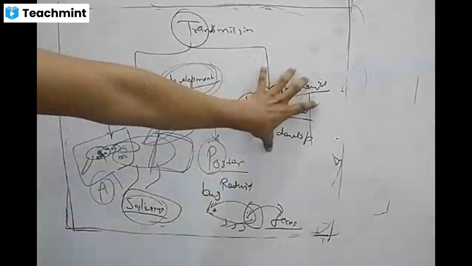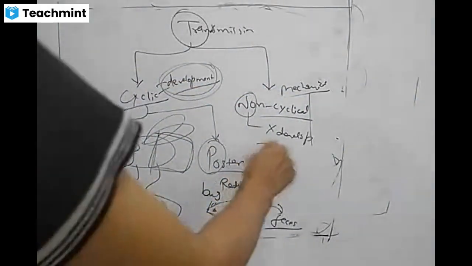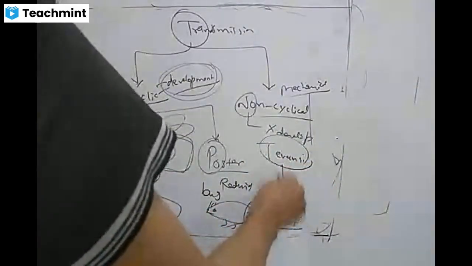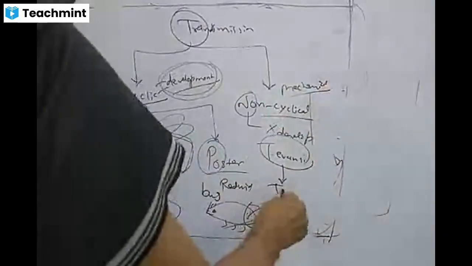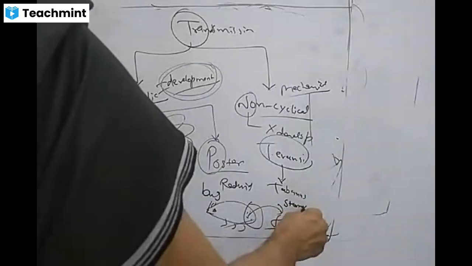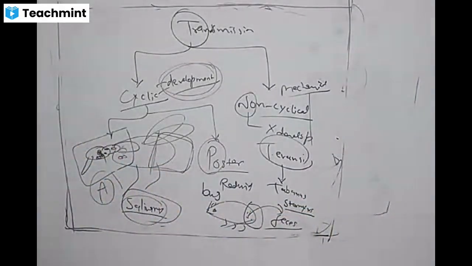Then the remaining is your mechanical, non-cyclical. Suppose we take one example, T. evansi. Then the mechanical vectors are Tabanus and Stomoxis. These are two examples.